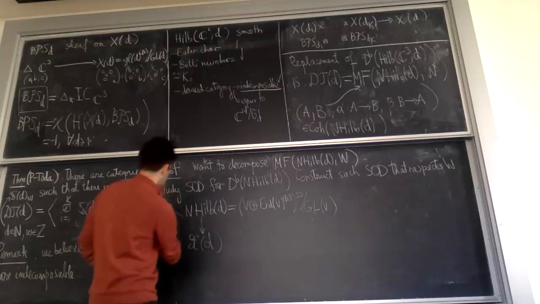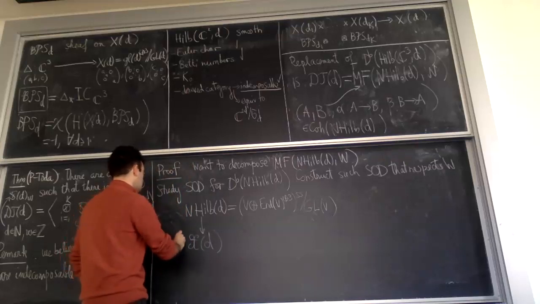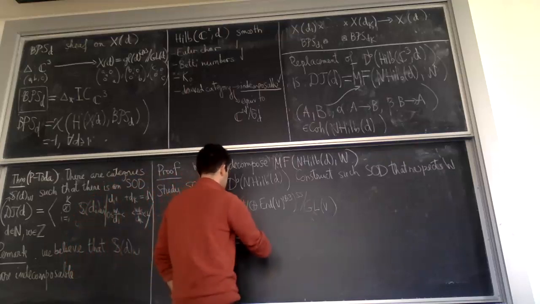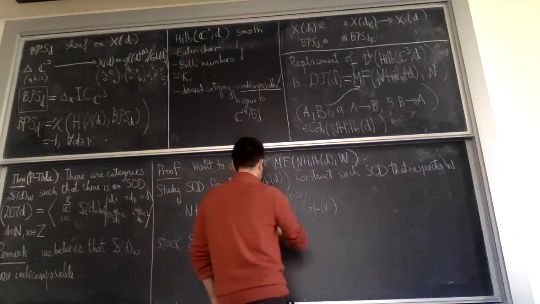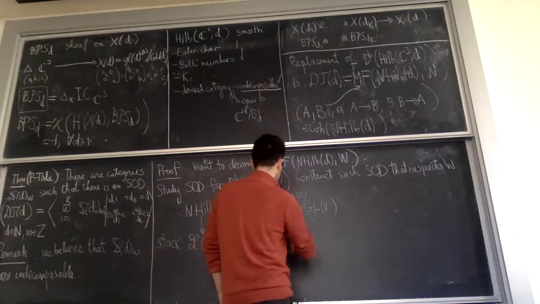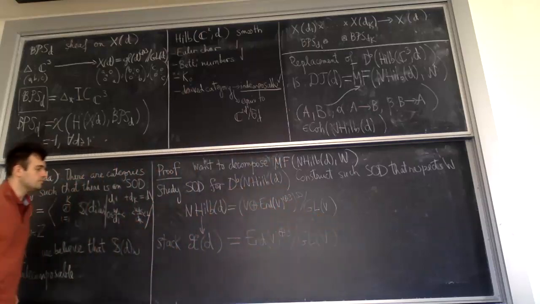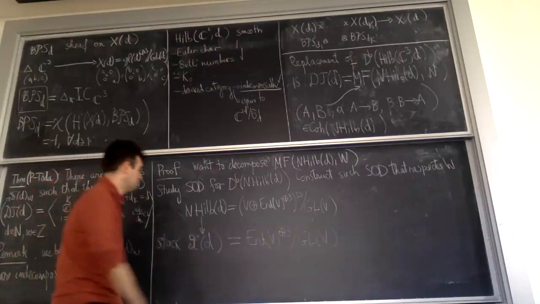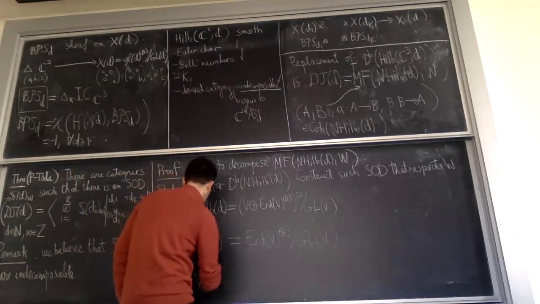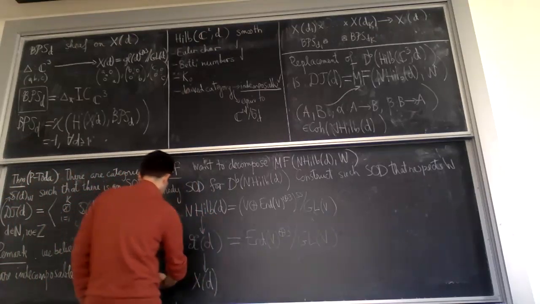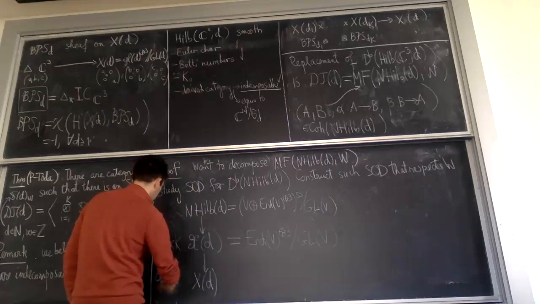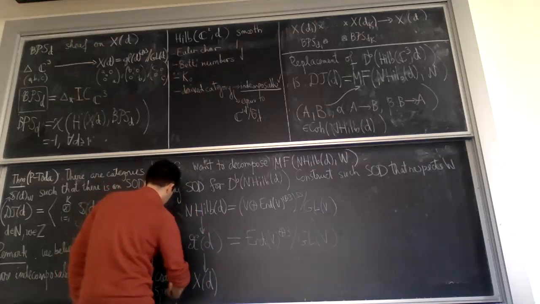So now this is a stack, quotient stack, where we forget the vector v. And then the coarse space of this stack is this variety X_D that I considered before, and the variety on which we constructed the BPS sheaf.